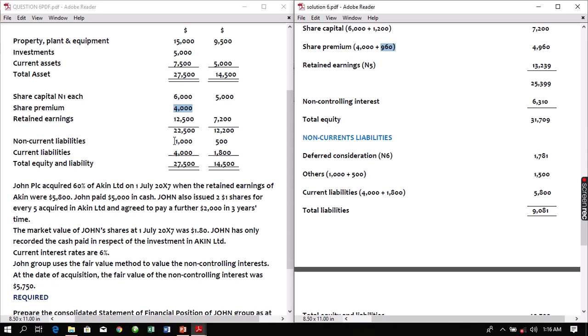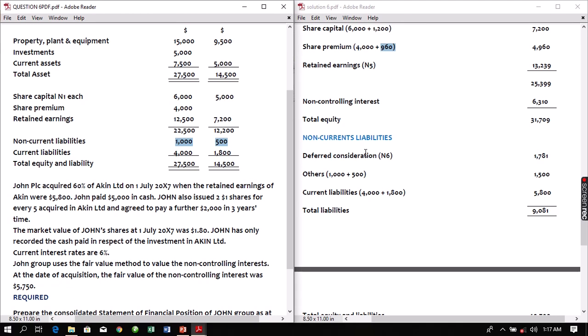What is our non-current liability? We have 1,000 and we have 500, which is this and this, which is 1,500. Don't forget, this question told us that they've not accounted for share exchange, and they've not accounted for deferred consideration. That is why when I was accounting here, I brought the 1,200 and the 960 here for share exchange, and they've not accounted for deferred consideration before.